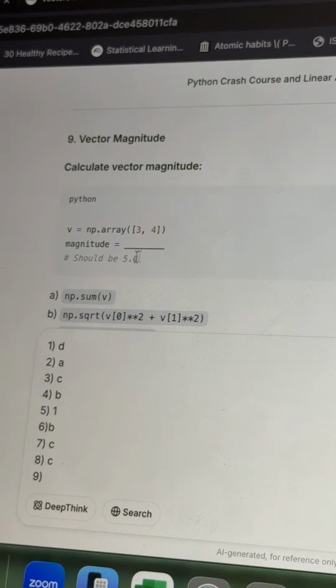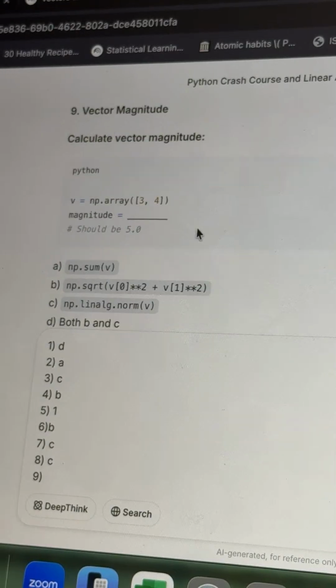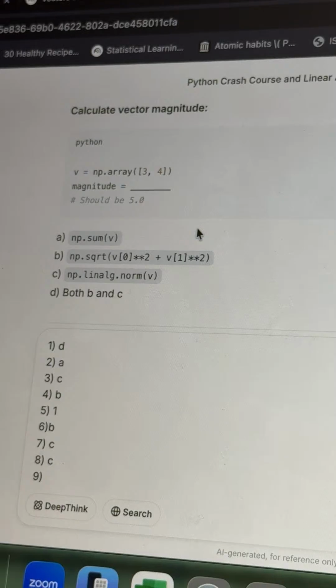Should be 5. So yeah, I think it's B because the magnitude is square root of something plus something squared, right? B. Both B and C.